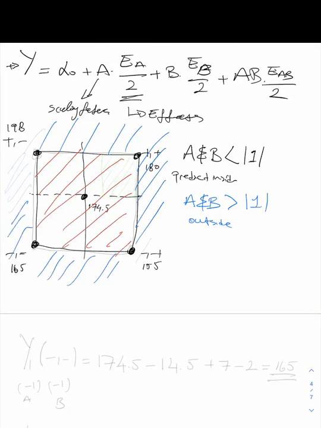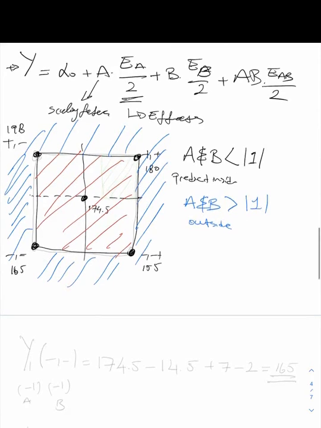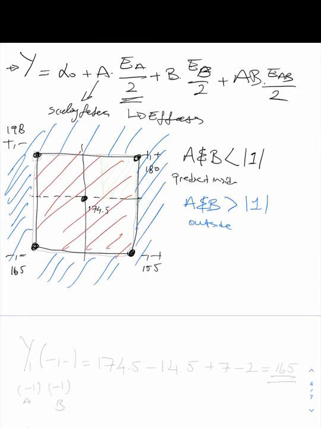However, this is usually not done too much because sometimes your system may behave differently outside of the box than inside. So the idea here is to select your boundaries accordingly. So that means that you select your minimum and maximum values so that every possible value that you want to do is contained within the box, and then you use A and B values that are smaller than 1 to predict the response inside the box.